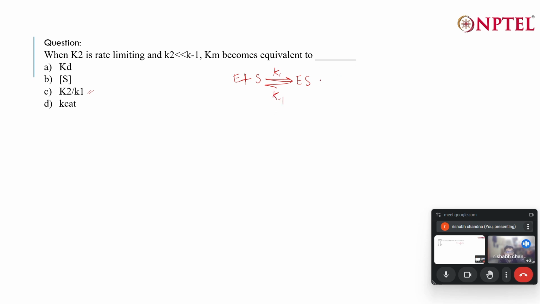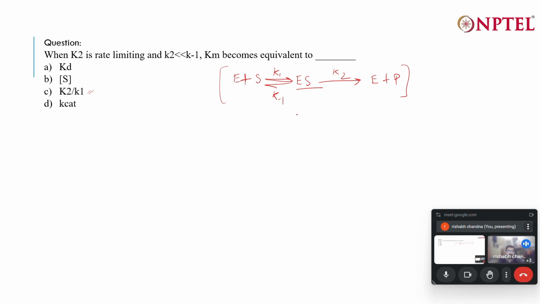Now, when ES is converted to product, this forms E plus P, where P is the product. This step has a constant of K2. This is the common reaction that we use to derive the Michaelis-Menten constant.